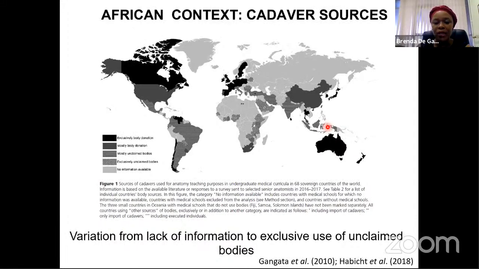And then in the African context, we see that we have a variation from lack of information to exclusive use of unclaimed bodies. And I also believe, because there's not much literature on this, you will see here in the African continent where there's no information available, it means we still need to gather how they source their cadavers for medical and anatomical training.